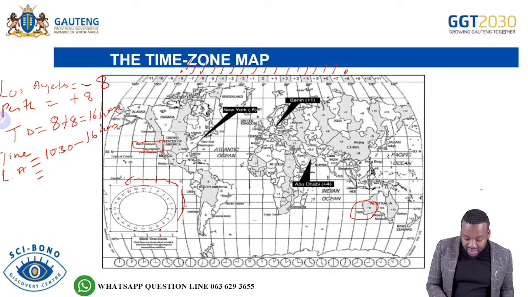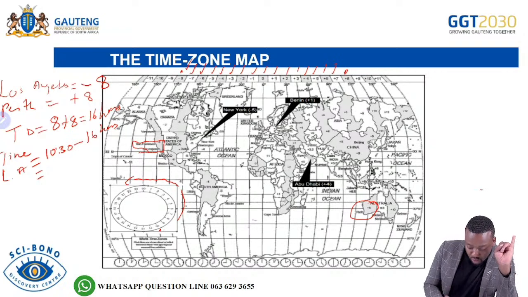So it is 10 hours 30 in the morning. The first one will be 9:30, 8:30, 7:30, 6:30, 5:30 in the morning, 4:30, 3:30, 2:30, 1:30, 12:30. Then we are on the previous day. Then 11:30, 12:30. Let me just double check. Where do we get our 16? 1, 2, 3, 4, 5, 6, 7, 8, 9, 10, 11, 12, 13, 14, 15, 16. Then the time would be 18 hours 30.